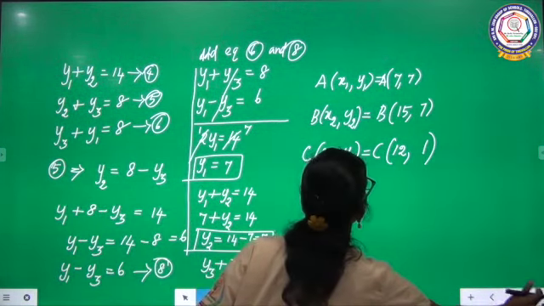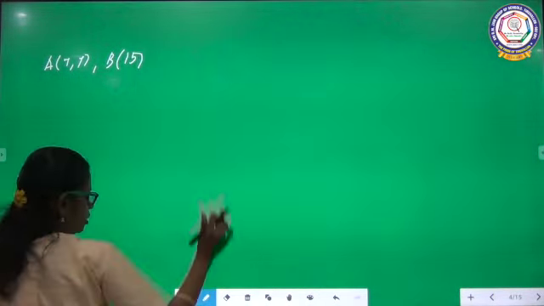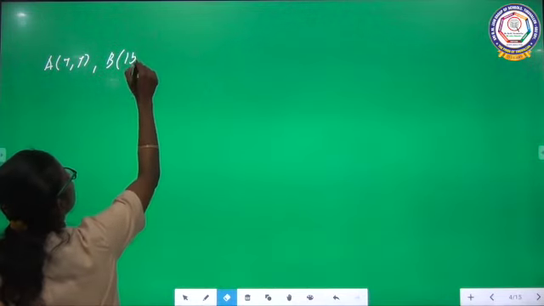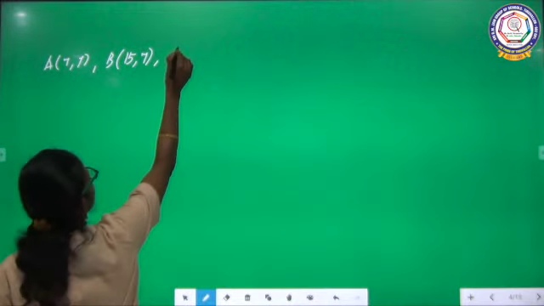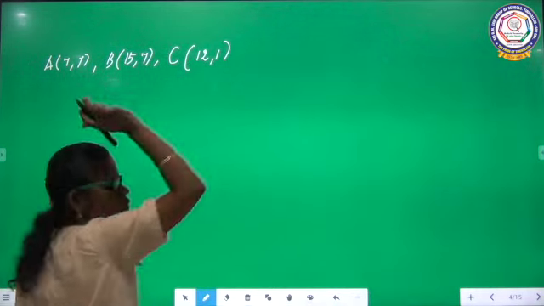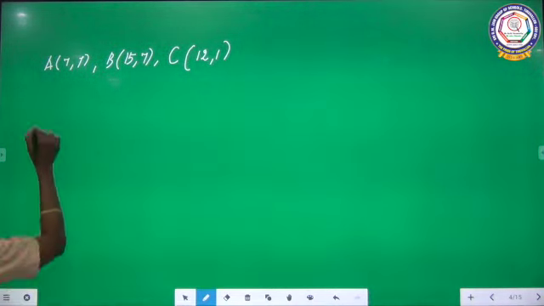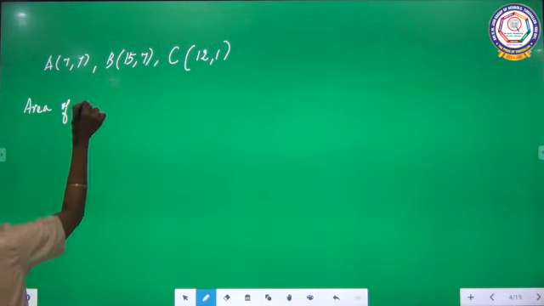7, 7, 15, 7, 12, 1. Right. A 7, 7, B 15, 7. C 12, 1, right? Area of a triangle.